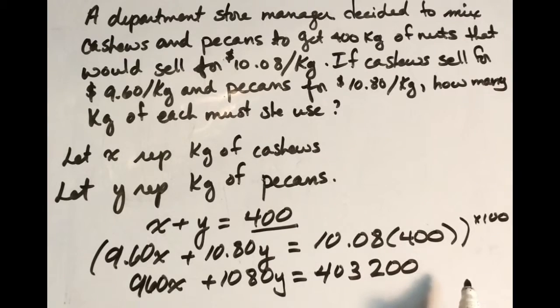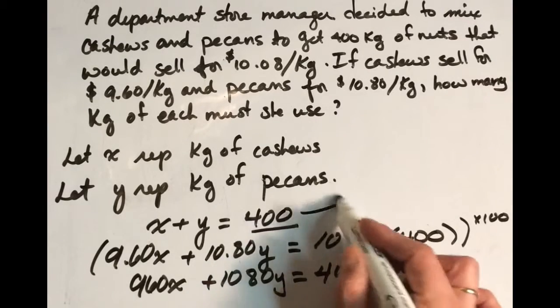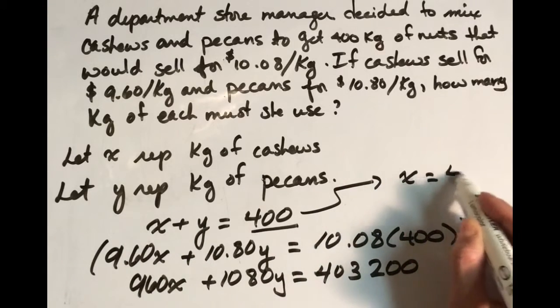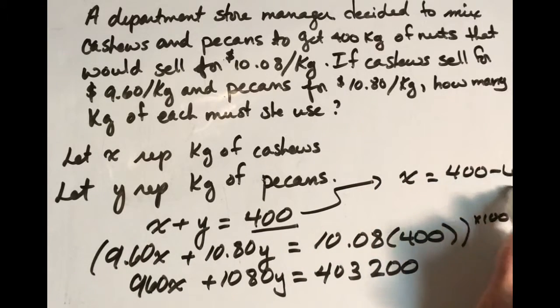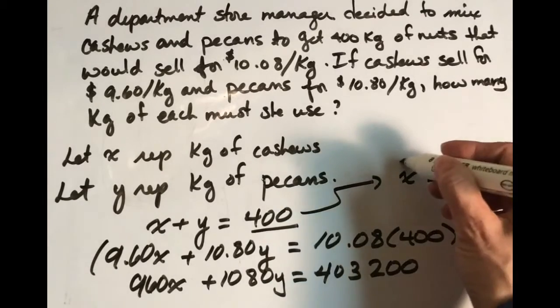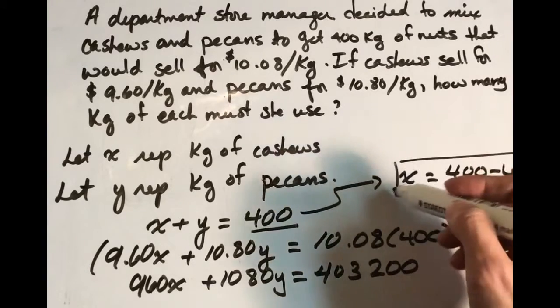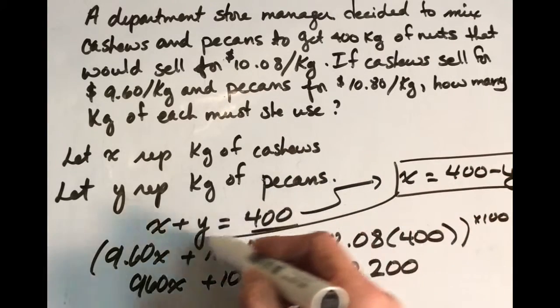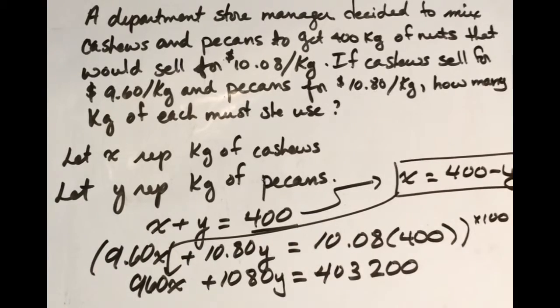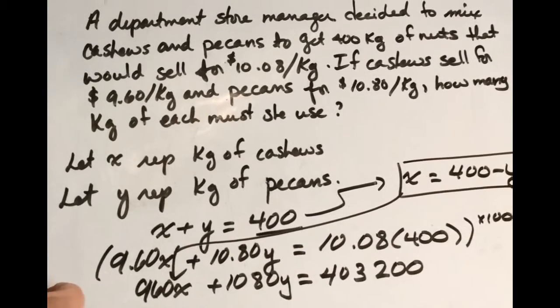We have elimination, substitution. I would take substitution and make X here equal to 400 minus Y. Now once you've done that, you can plug this X into here. And so I've done that for you over here.